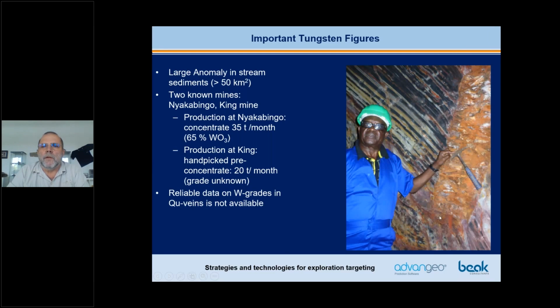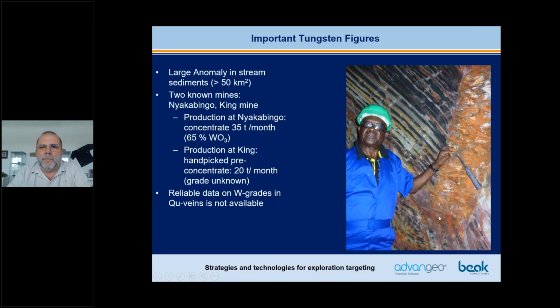So this is how the mineral occurrence looks like. It's mostly quartz veins with scattered big tungsten crystals, wolframite crystals, that are hand-picked out of the ore. So these mines produce a very high concentrate, but the productivity is not much, of course. It's just some 20, 30 tons.